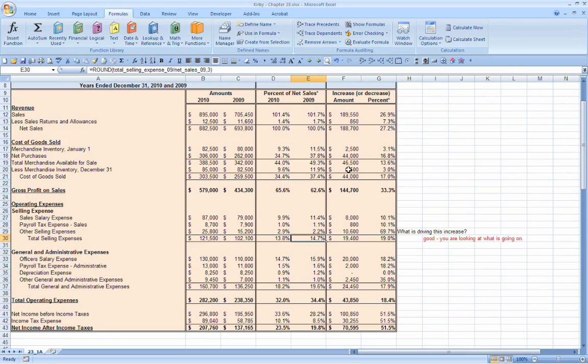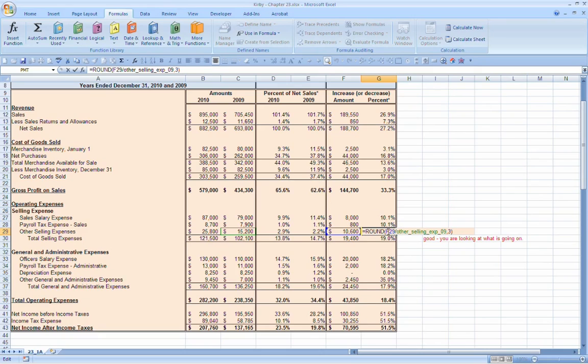Same thing over in the horizontal analysis. Other selling expense, 09 versus 10, calculated as percentages.